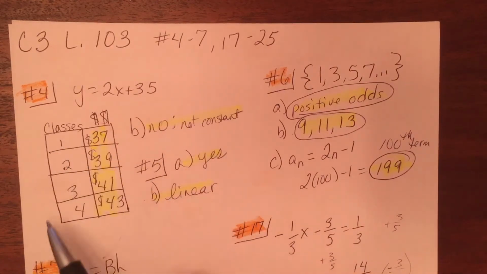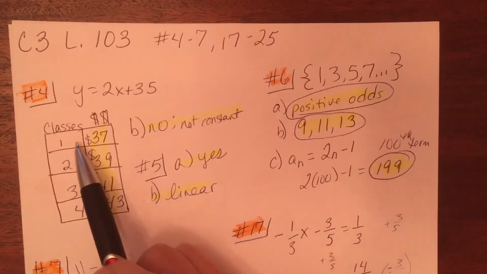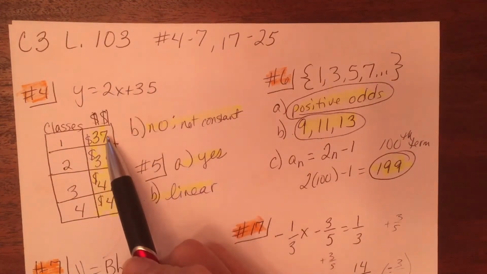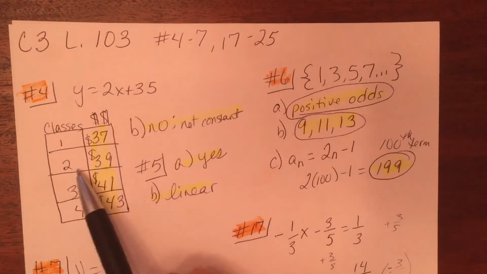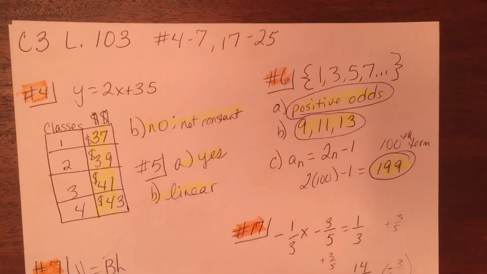So they wanted us to do a chart for taking 1, 2, 3, 4 classes. If you take one class, 1 times 2 is 2, plus $35 is $37. 2 classes should be $39. 3 classes is $41, and 4 classes is $43. So that was your first part.